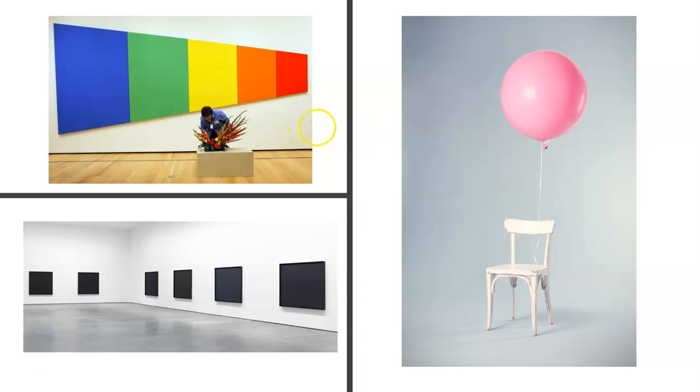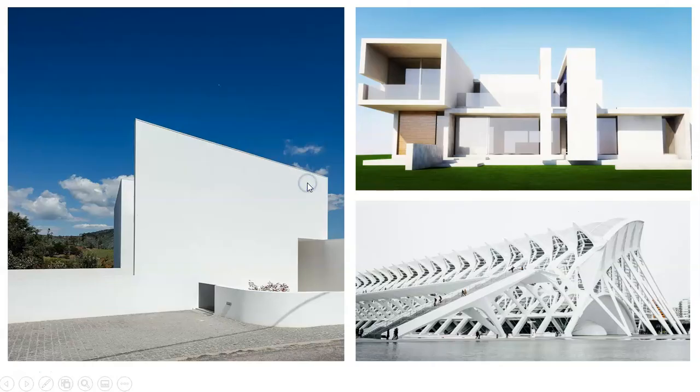Here's some more minimalism. These are just a bunch of black painted canvases in a white room. This one's just a balloon tied to a chair. And then we have a rainbow of paint. There's also minimalism in architecture.